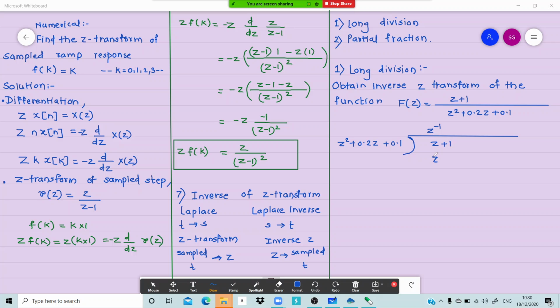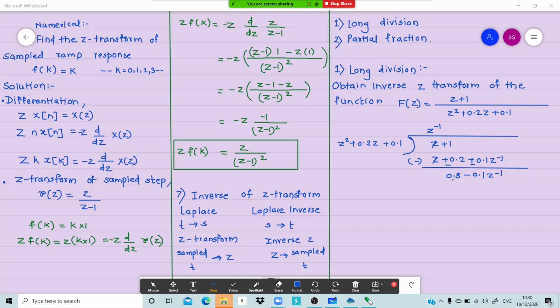I'll write z, and definitely we are going to do subtraction, then 0.2 and 0.1 z inverse. So this thing will get cut. It will be 1 minus 0.2, so 0.8, minus 0.1 z raised to minus 1.